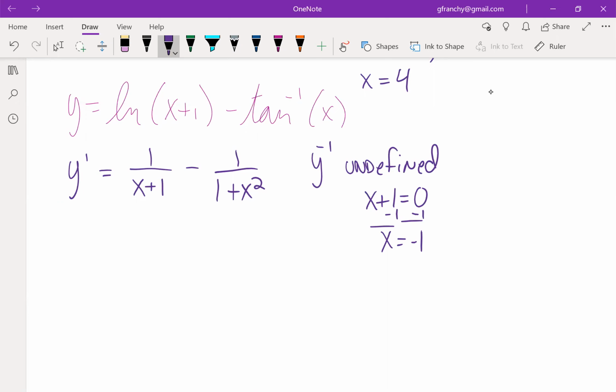So now we've got to see where the derivative is equal to 0. And really the easiest way to do that without running into trouble here is to just go ahead and put these things over a common denominator.